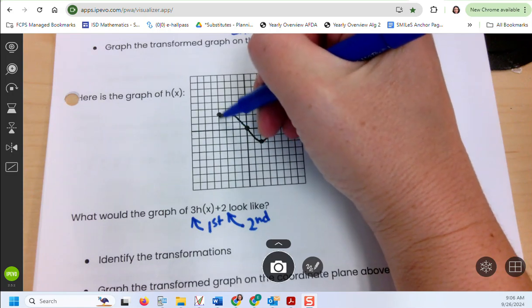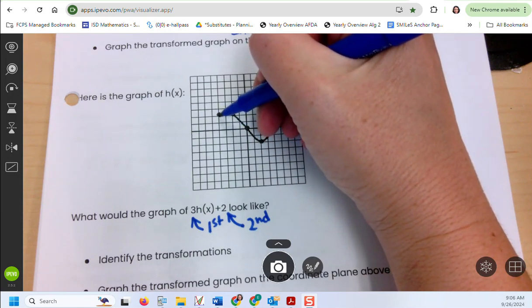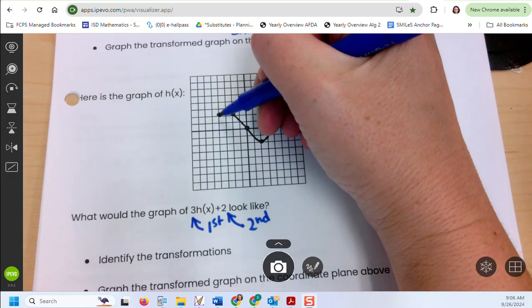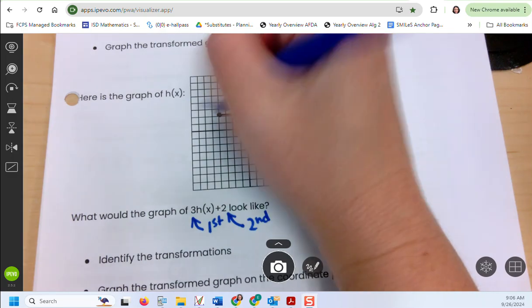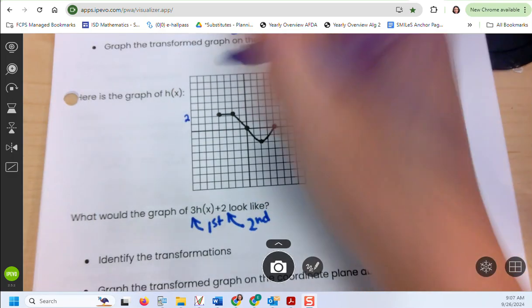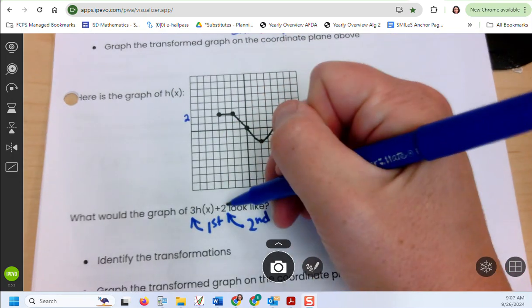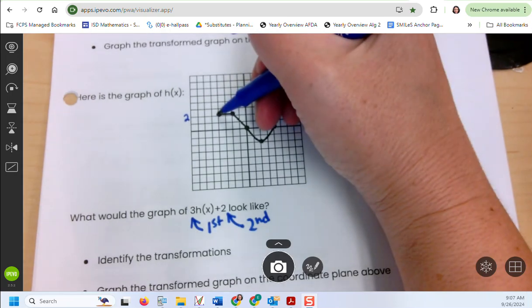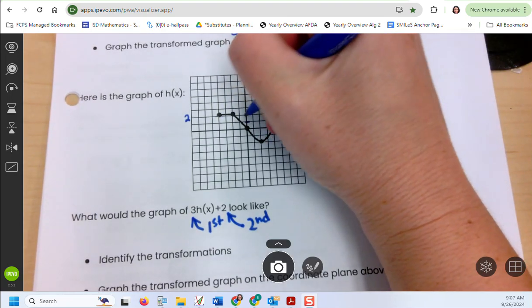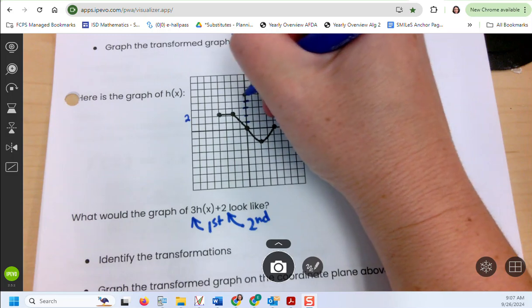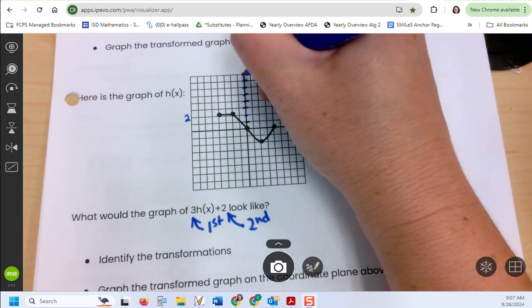So my y value is 2. 2 times 3 is 6. Then I add 2 to it and I get 8. Okay? So this one here had a y value of 2. I multiplied it by 3. I added 2. Now it's going to have a y value of 8. It goes straight up to where y is 8. So let's see. 1, 2, 3, 4, 5, 6, 7, 8. It goes all the way up here.